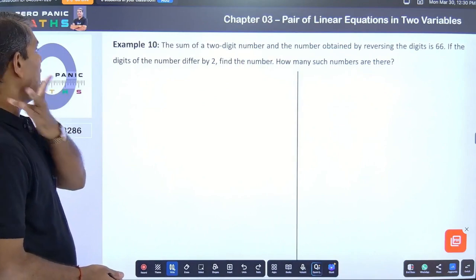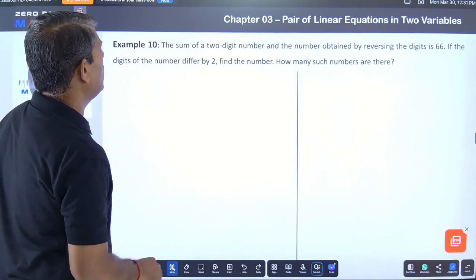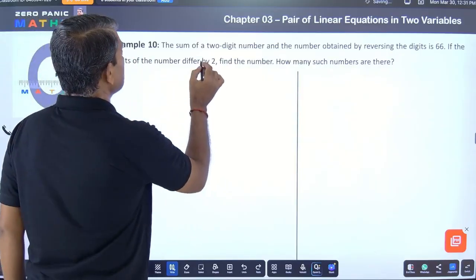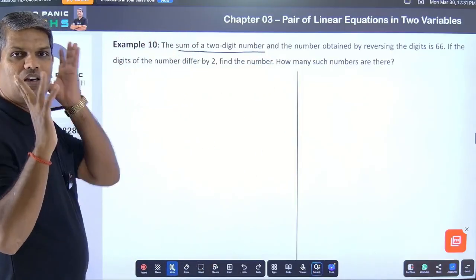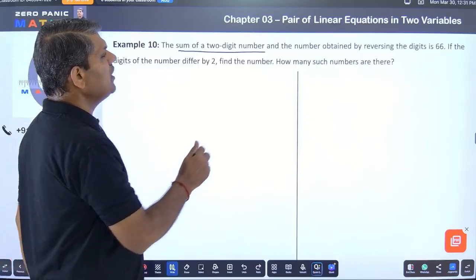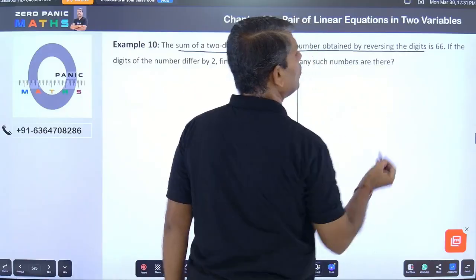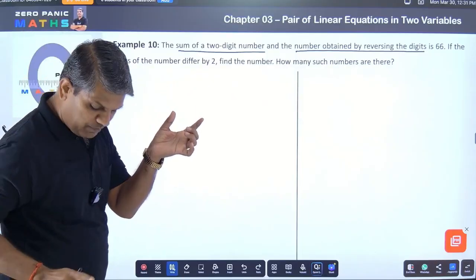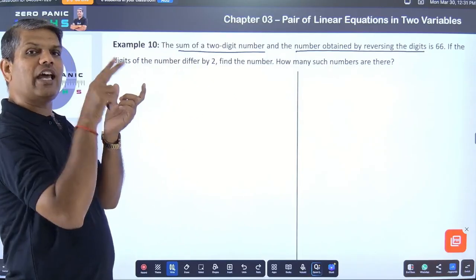Example 10 is a little bit descriptive. Let us look at example 10 and read the description. Sum of a 2-digit number and the number obtained by reversing the digits. Listen carefully. There is a 2-digit number, and if you reverse it, you will get another number.